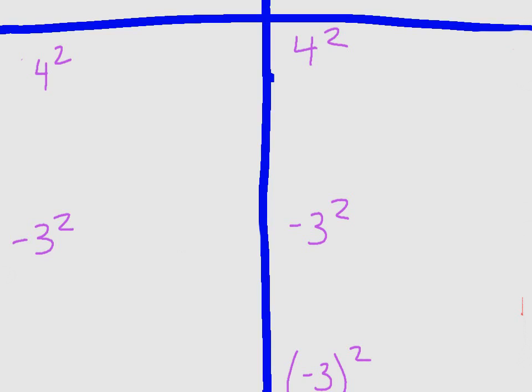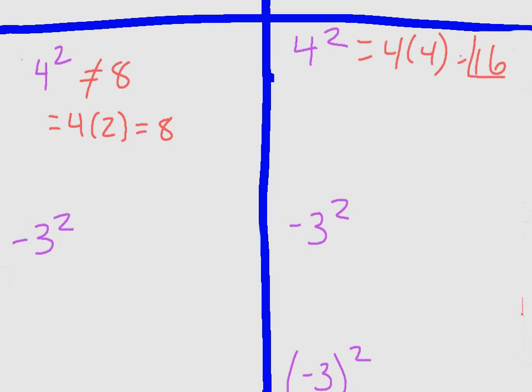Okay? Which is incorrect. Because like we said when we were defining, the exponent tells you how many 4s, or that base number, you multiply to itself. So 4 times 4 gives me 16. That would be the correct value.